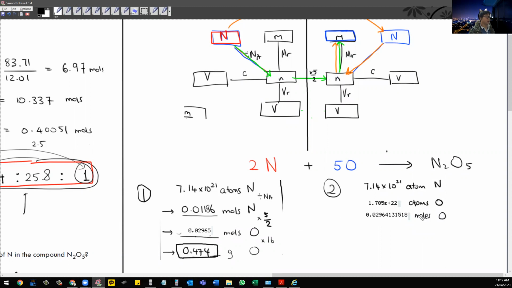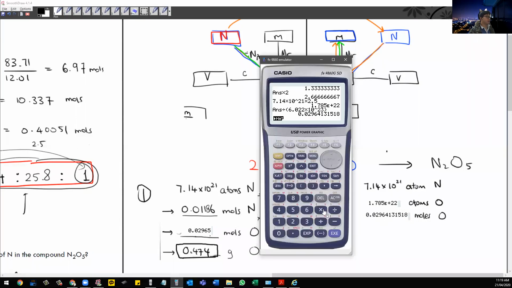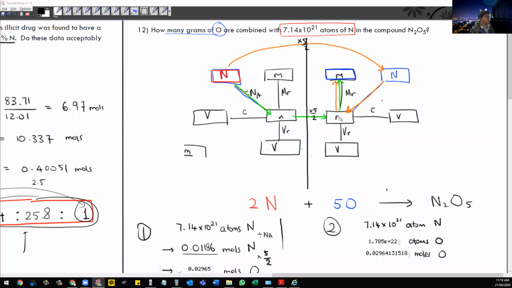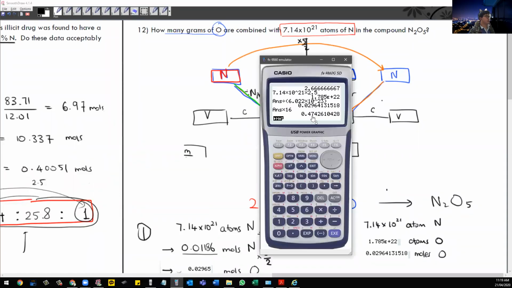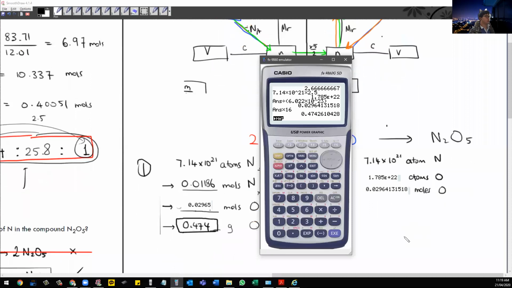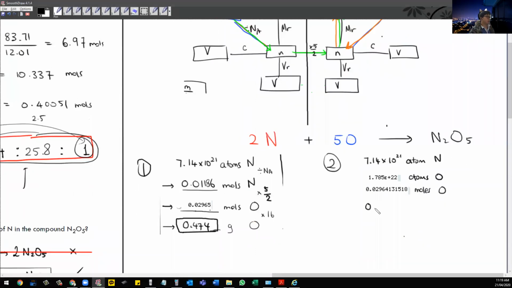Moles of oxygen. You need to times that by 16 to go up this way. That's 0.474, 0.474 grams of oxygen, okay?